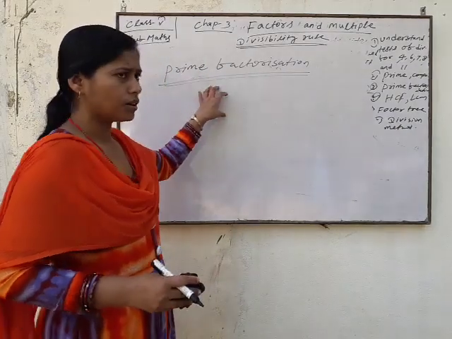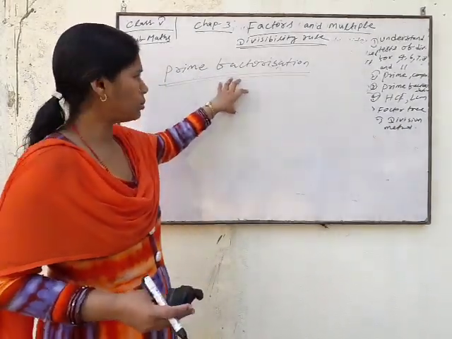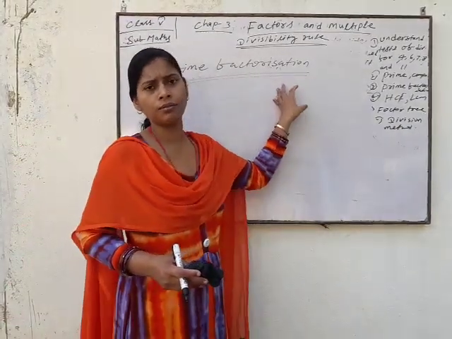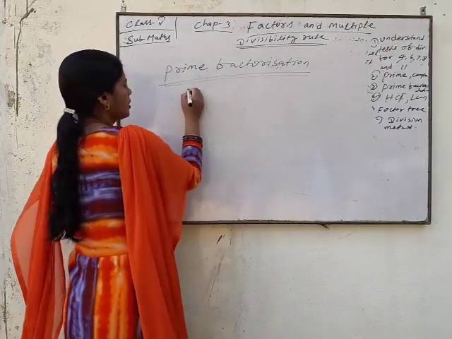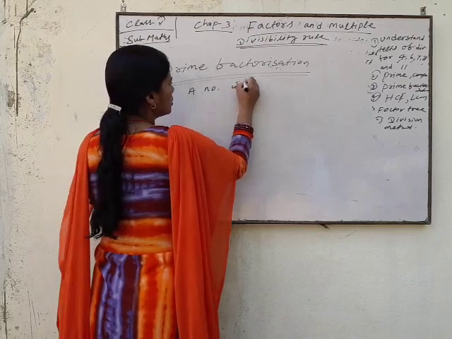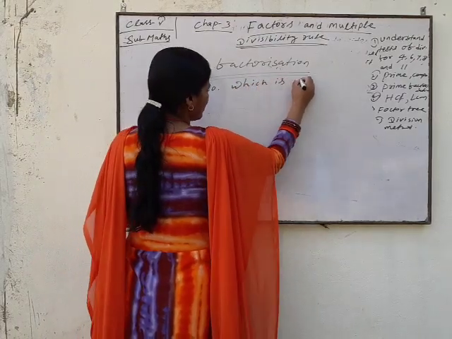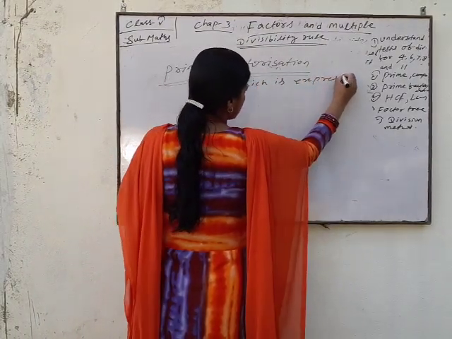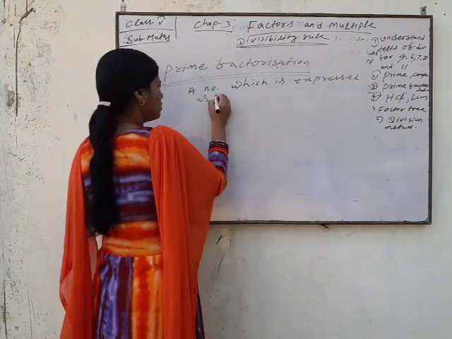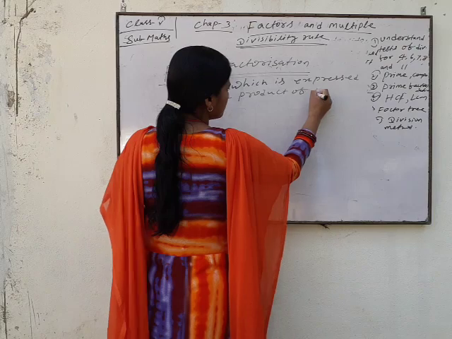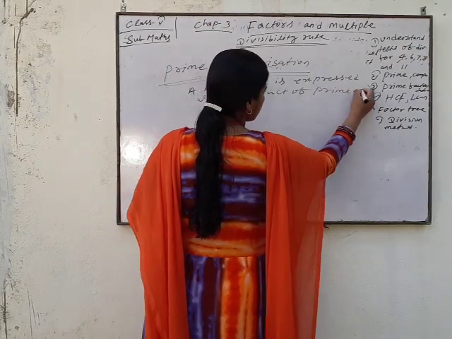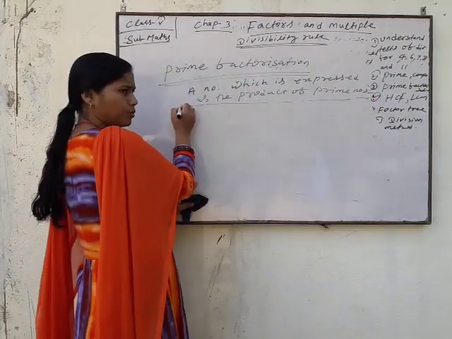All composite numbers can be expressed as the product of prime numbers, and this is prime factorization.